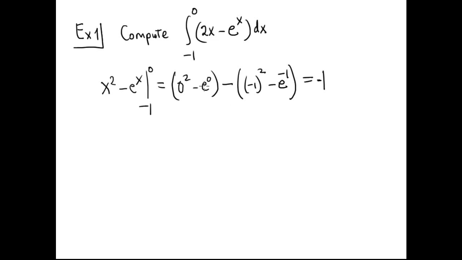The -1 squared is positive 1, but we have a minus in the front, it's minus e to the -1, and the double negative becomes positive. So -1 and -1 is -2, plus 1 over e, if you want to eliminate the negative exponent, and that's it, that's the answer.